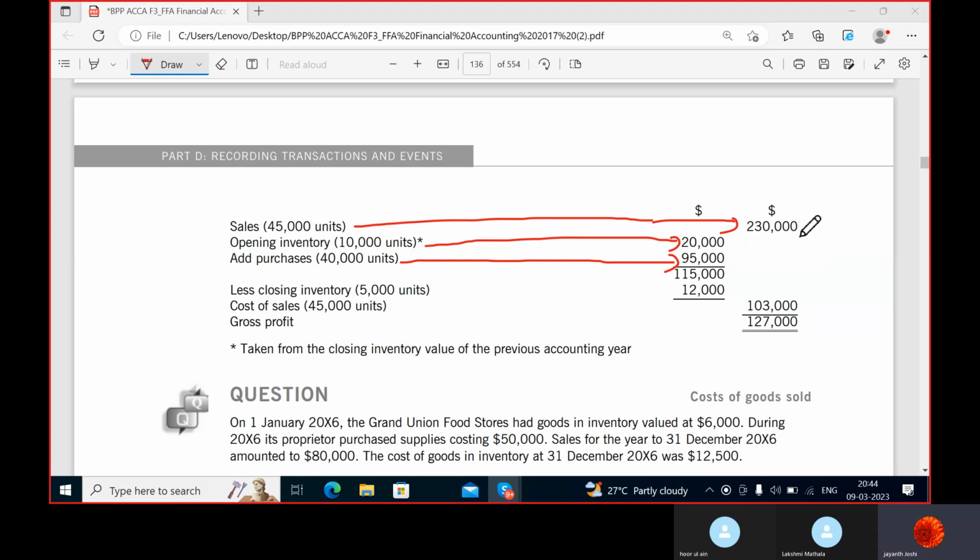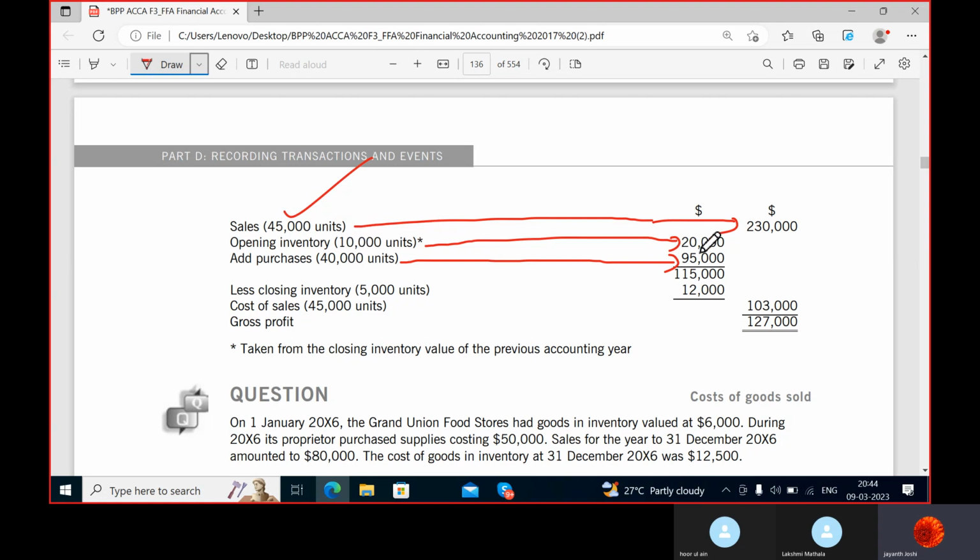So 45,000 units were sold, and we definitely need the cost for 45,000 units. If we are selling 45,000 units, we want the cost also for 45,000 units to get the profit for 45,000 units. So opening inventory from previous year, we were left over with 10,000 units.